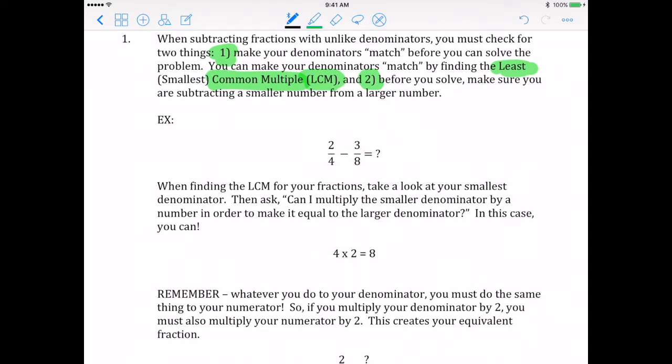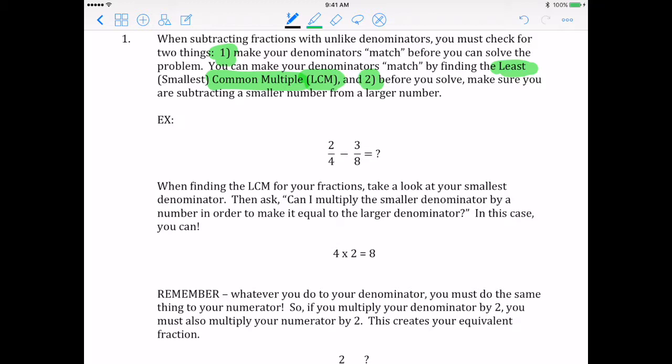For example, we have 2/4 minus 3/8. When finding the least common multiple for your fractions, take a look at your smallest denominator. Then ask, can I multiply the smaller denominator by a number in order to make it equal to the larger denominator?